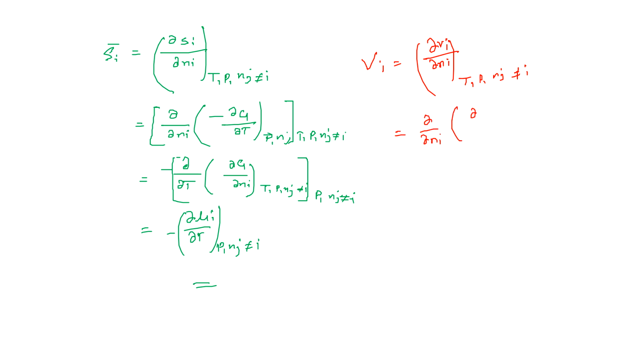We can write that dG by dP at constant T, Nj not equal to Ni.